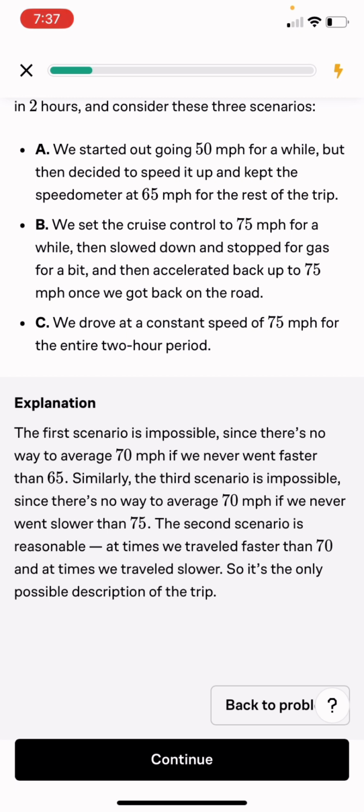The intuition from the previous problem is that it's impossible to average a certain speed if our continuous speed is always either less than or greater than that speed. That is, if we average 70 miles per hour for the 2-hour trip, our speedometer must have read 70 miles per hour at least once during the time span. Let's put it another way.